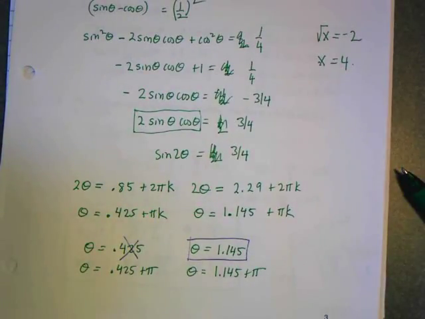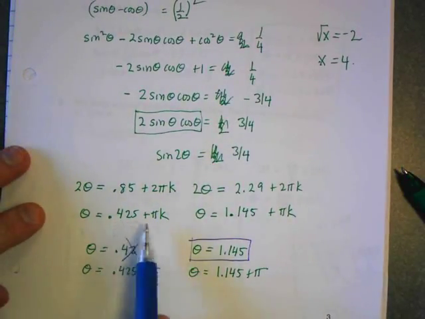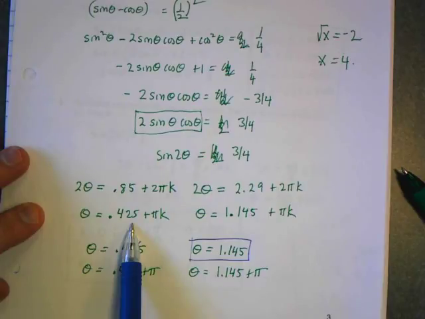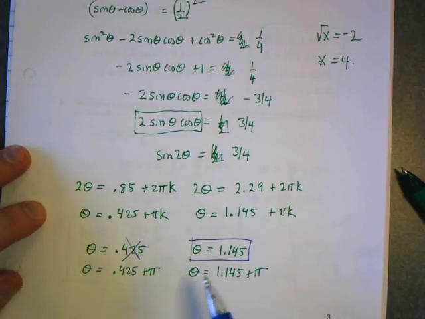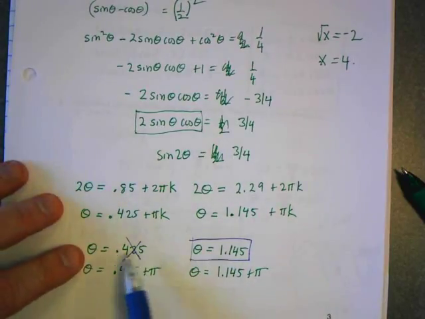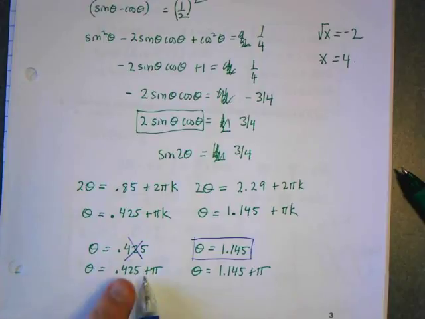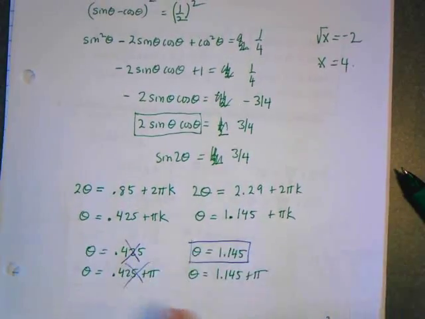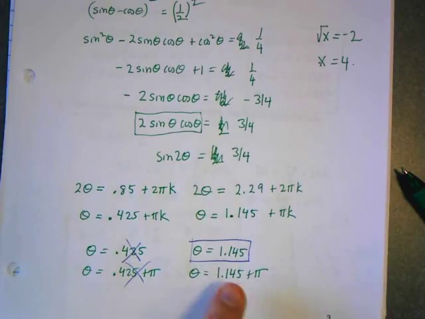Now, here's what's going to happen. Since 0.425 didn't work, well, because we squared both sides, we're not going to get 4 answers. Because this one didn't work, this one's not going to work either. Because this one did work, this one will work.